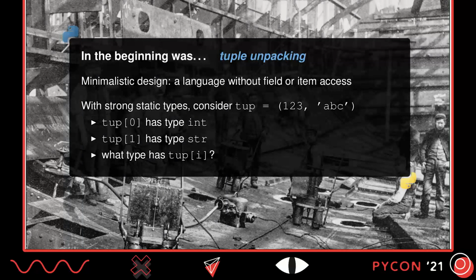So this item access poses a problem to the compiler if it wants to figure out what kind of type every element in your code has. And the solution was to do away with this item access altogether and use tuple unpacking instead.